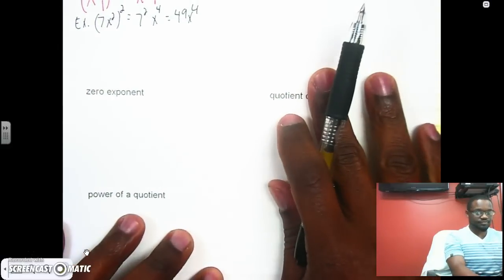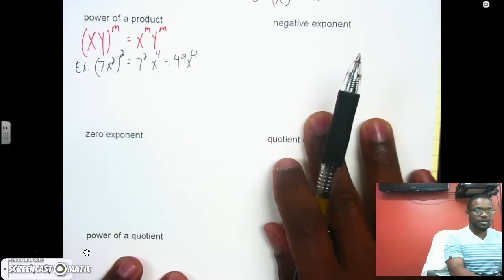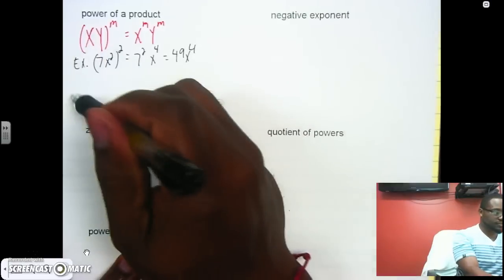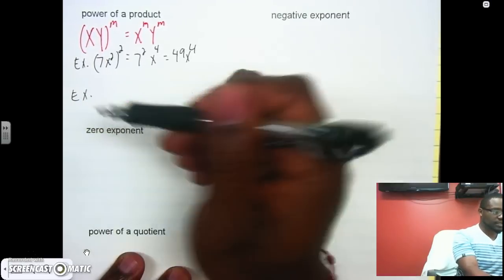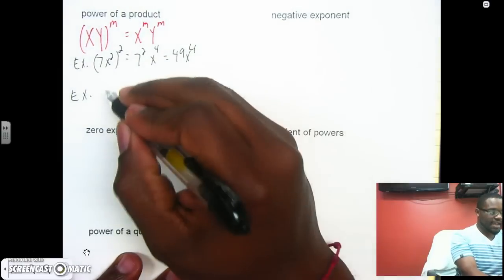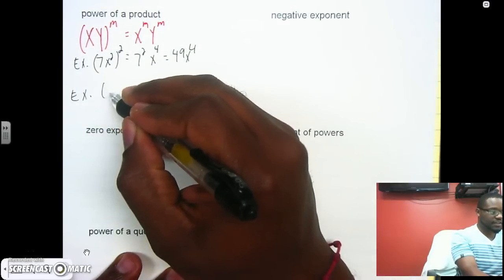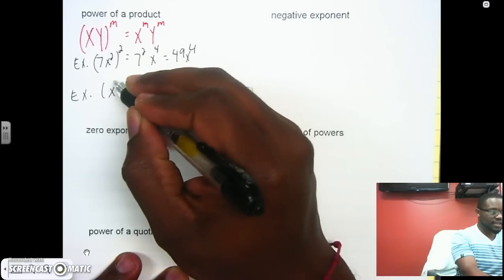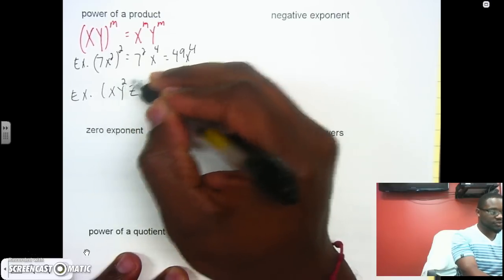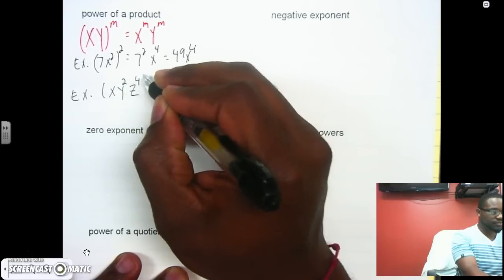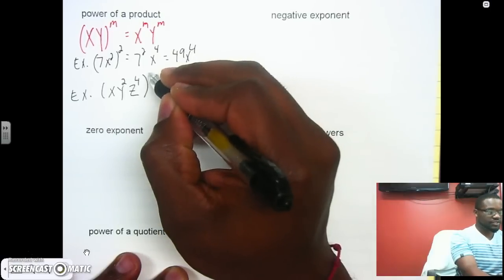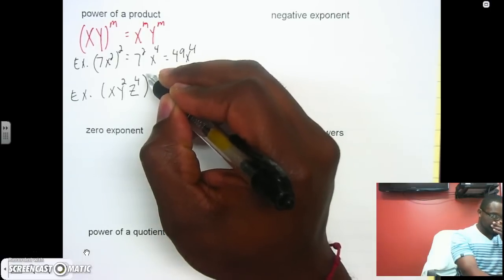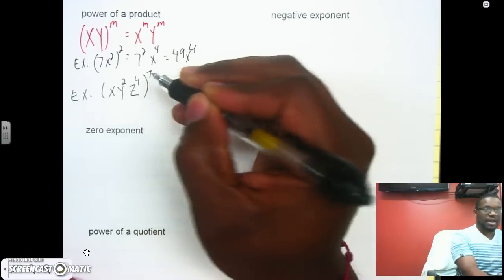Alright. Another example of the power of a product would be if I had something to the effect of x, y, z, and say that was the power of 2 and that was the power of 4, and then I raised that to the 7th power.